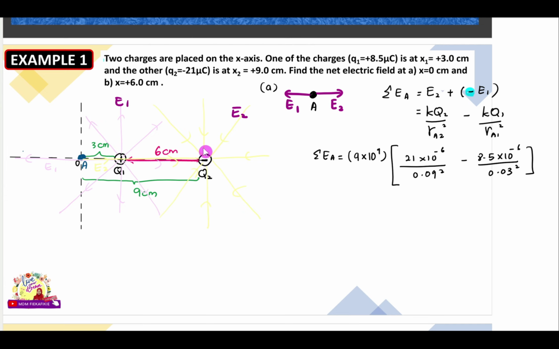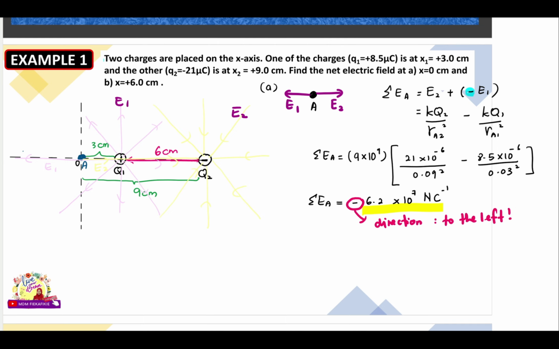And then final answer you akan dapat at point A, the net electric field is negative 6.2 times 10 power of 7 Newton per coulomb. Means that the magnitude of the electric field is 6.2 times 10 power of 7 Newton per coulomb, but the negative sign showing you that the direction of the electric field at point A is to the left.